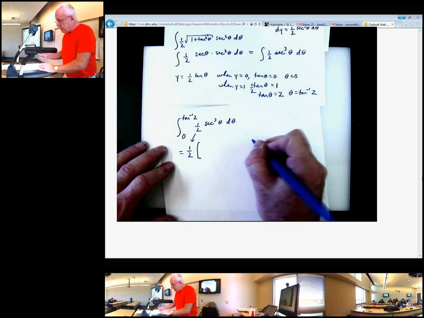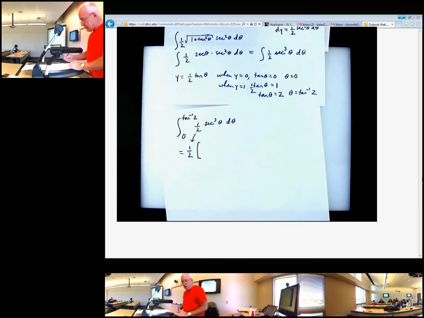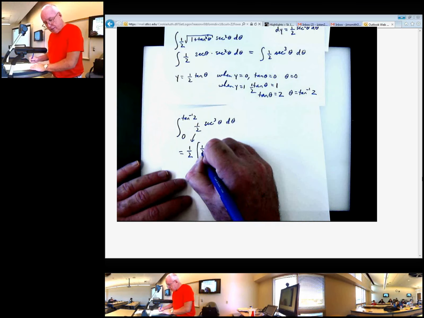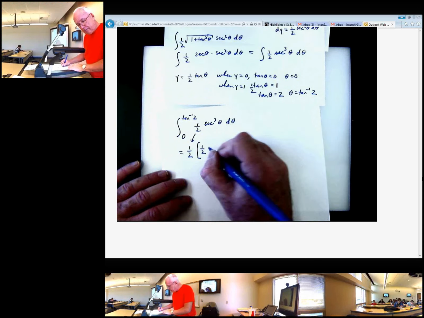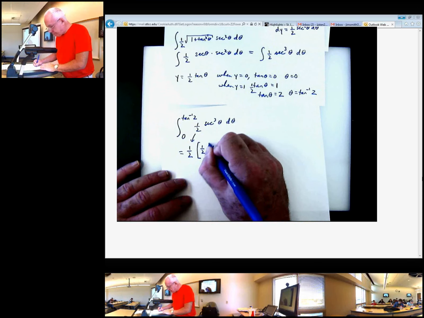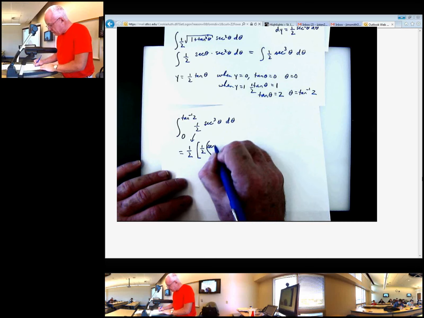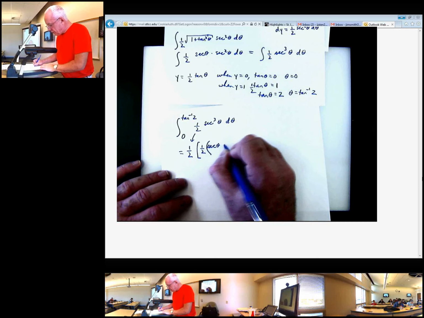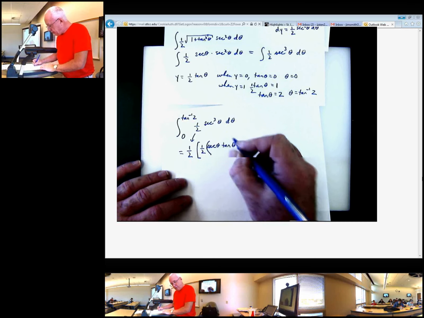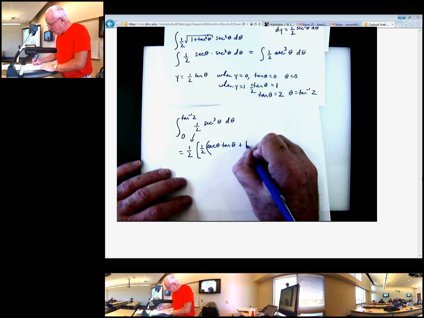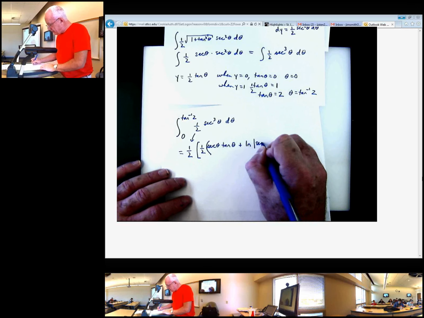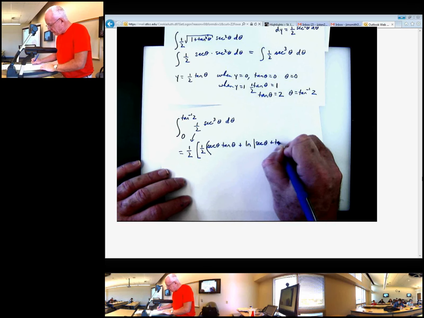In the brackets, it's 1/2 times the secant of theta tangent of theta, plus the natural log of the secant of theta plus the tangent of theta.